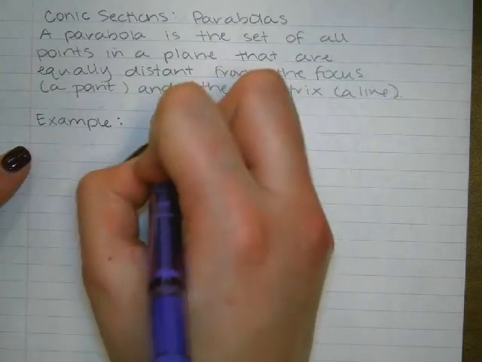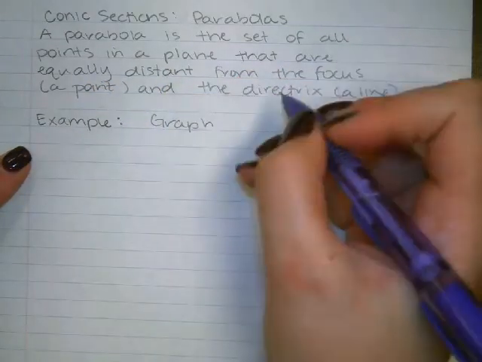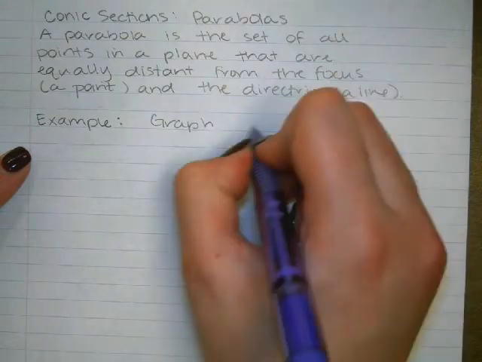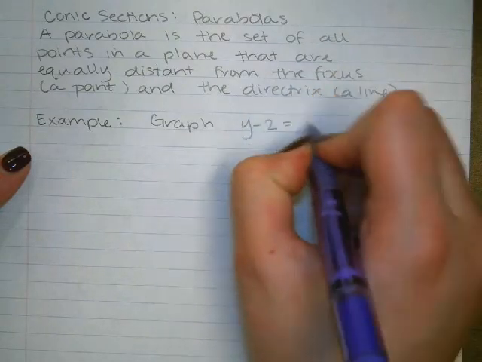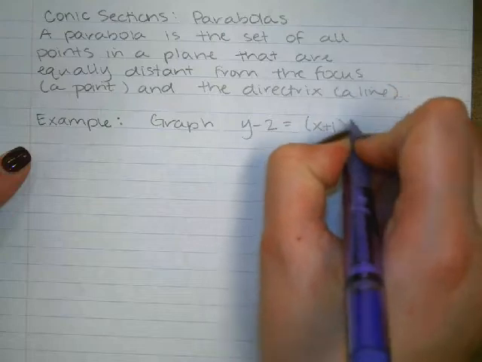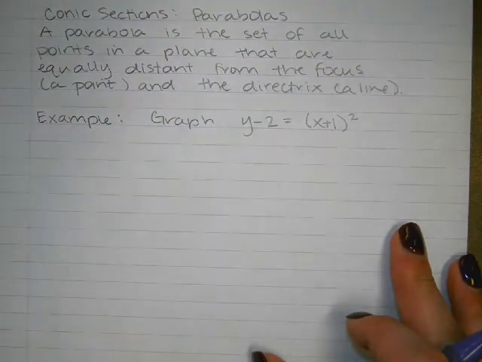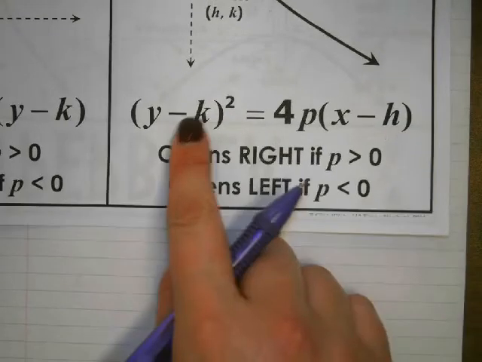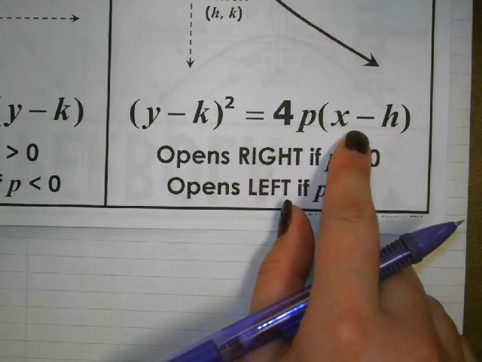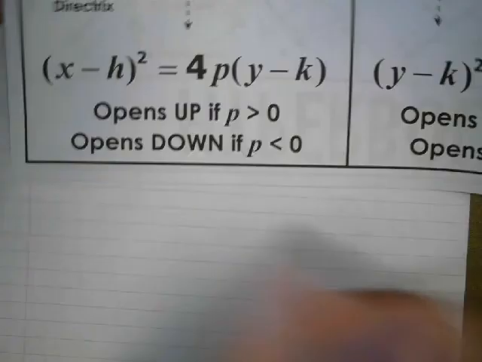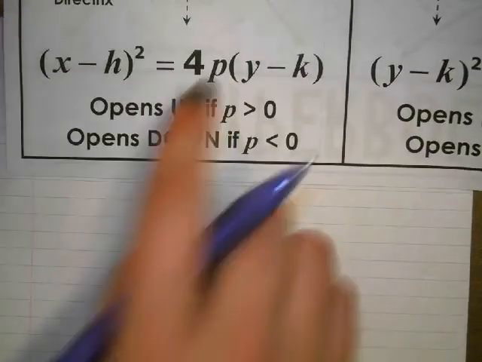We're going to graph y minus 2 equals x plus 1 squared. So if you compare this to your diagram, it's almost written in the order of this one, but the x term is the one that's squared, so it's actually this one right here, and it's just kind of written backwards.